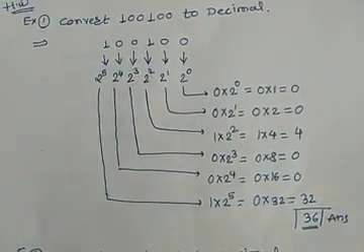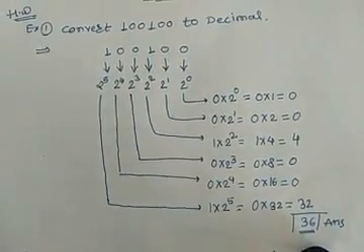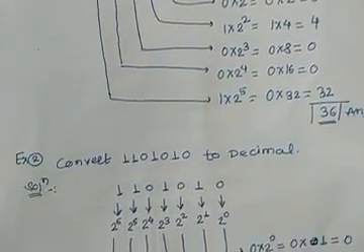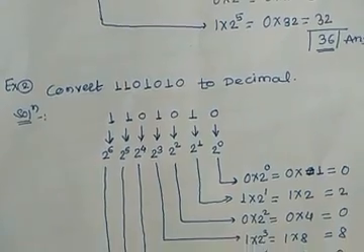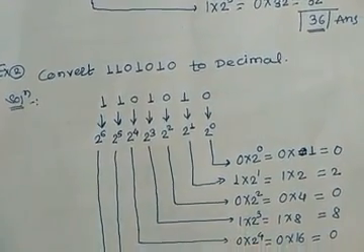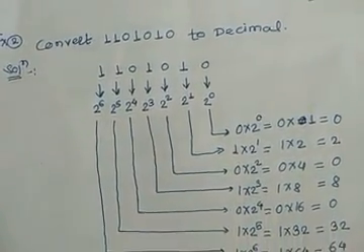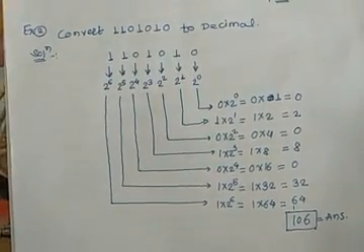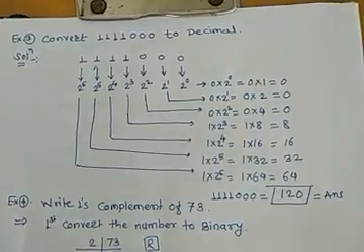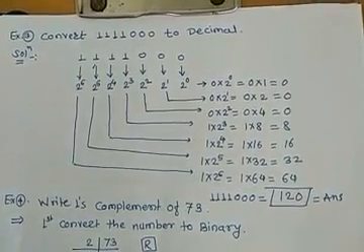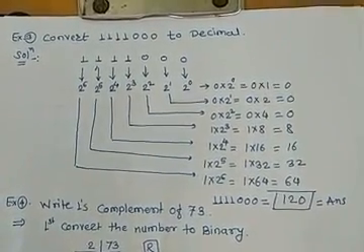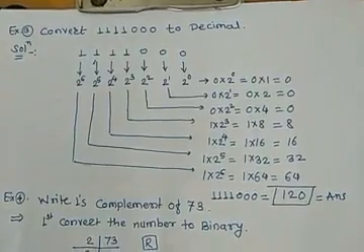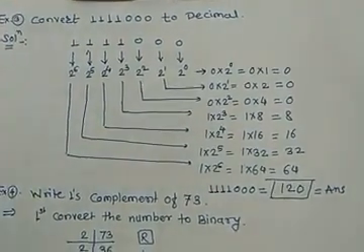Its answer is 36. The next example was convert 1101010 to decimal, and its answer is 106. The next example was convert 1111000 to decimal, and its answer was 120.